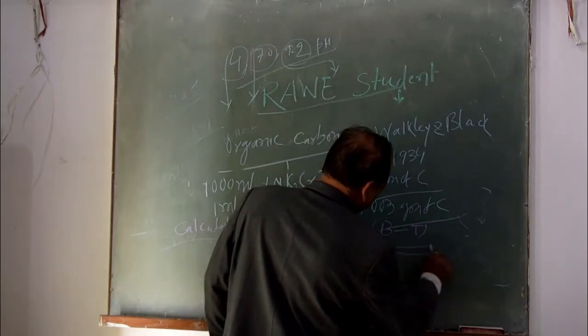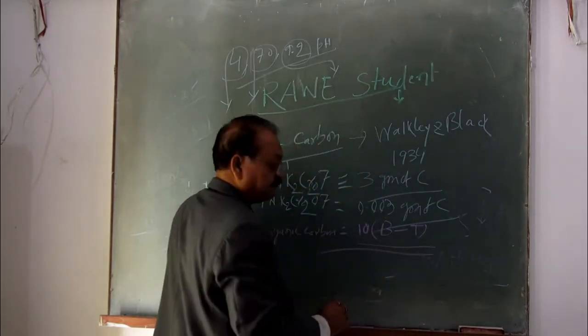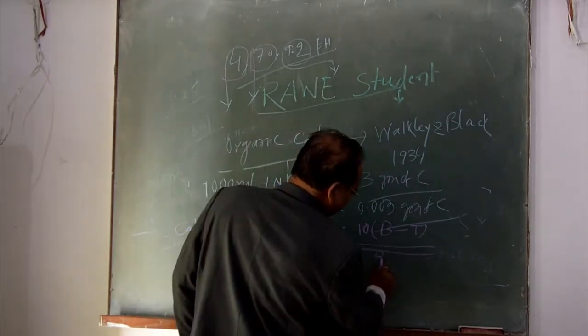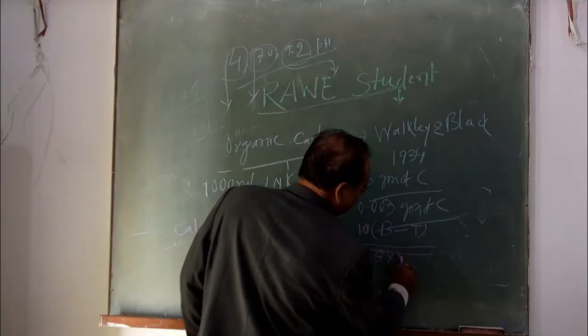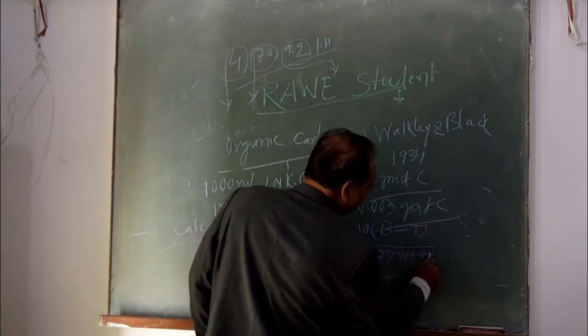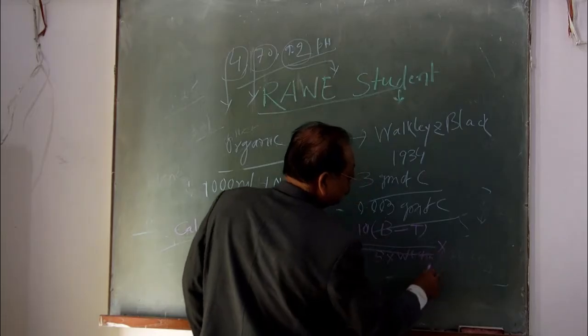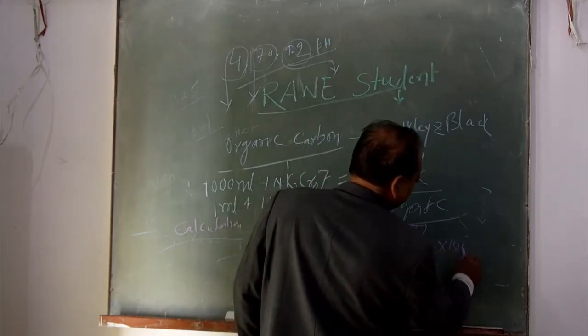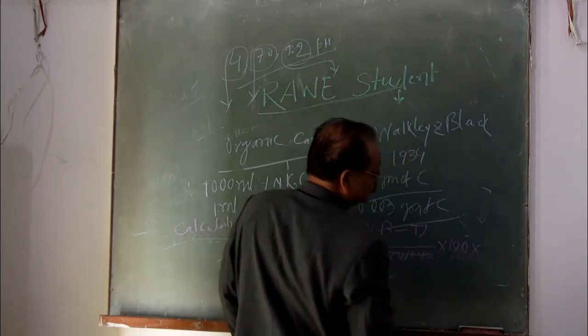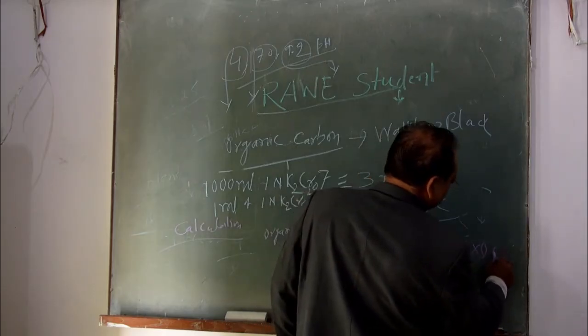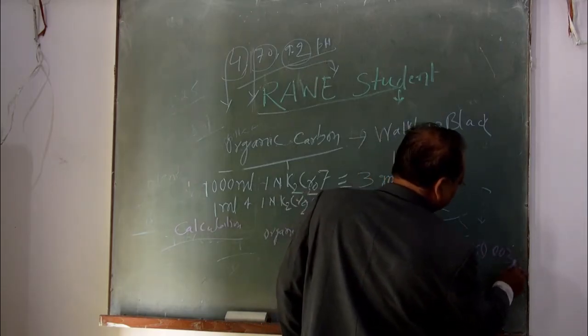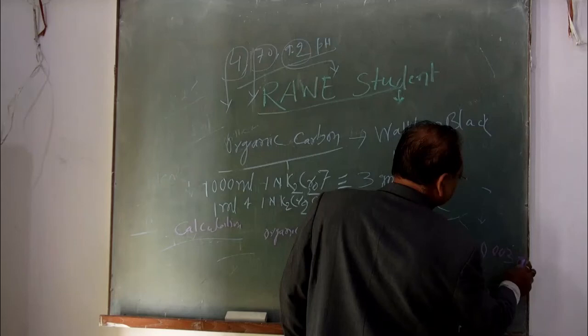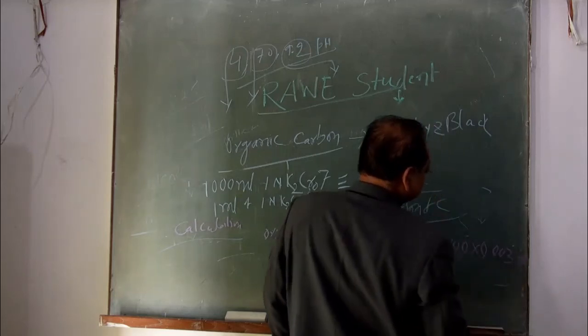Divided by blank B into weight of the soil into 100 into 0.003. Okay.